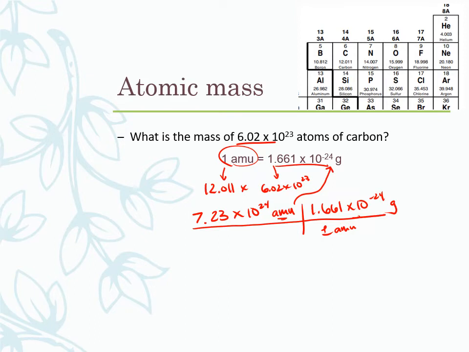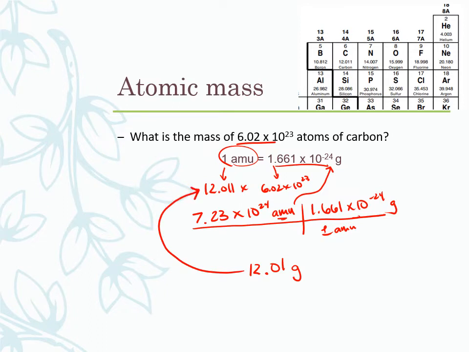So now back to my calculator. I'm going to multiply everything on the top: 7.23 times 10 to the 24 times 1.661 times 10 to the negative 24 divided by 1, and I get 12.01 grams.